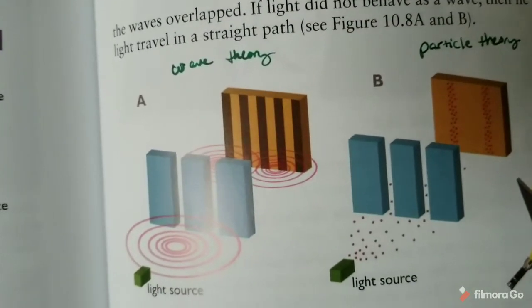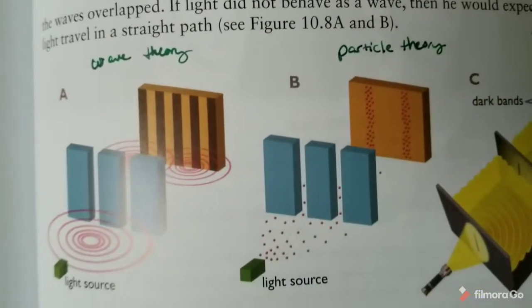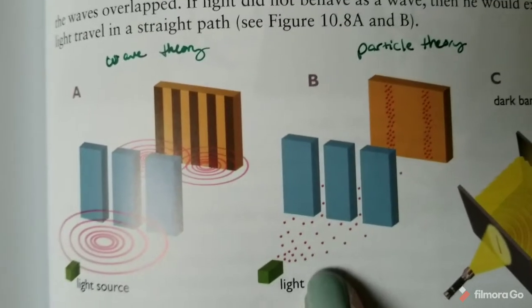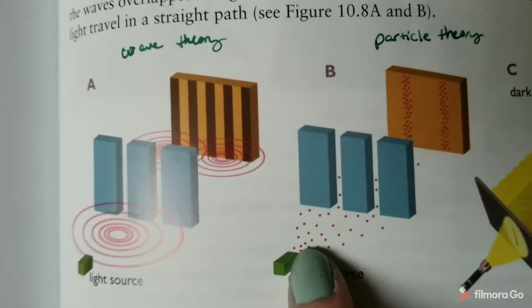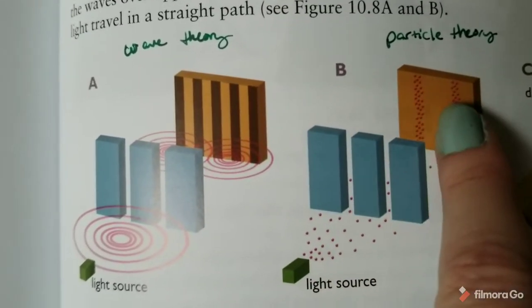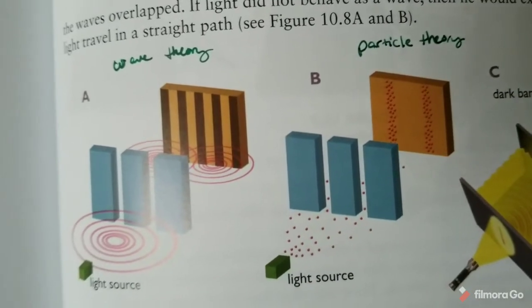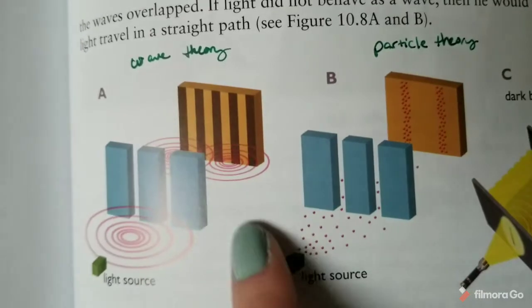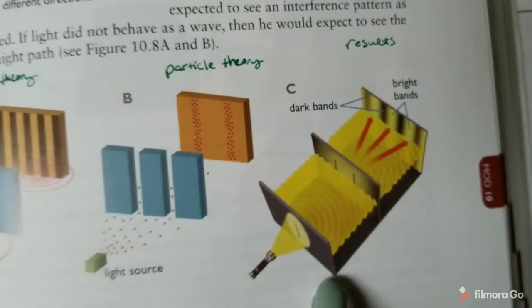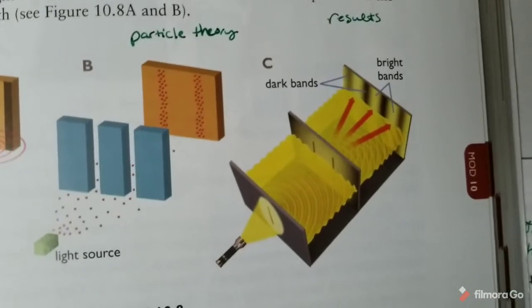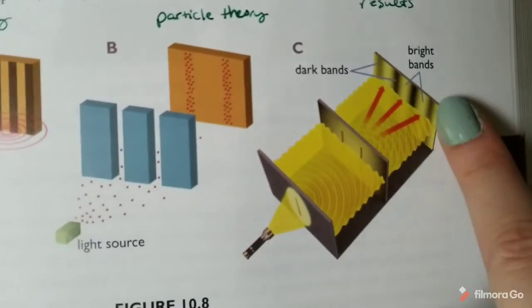And if the particle theory is true, this is what should happen. If light is made of particles, I should only see two lines of light on the back wall, not all these stripes from all the waves, right? Well, here's what happened. They did the test and they got all the stripes.